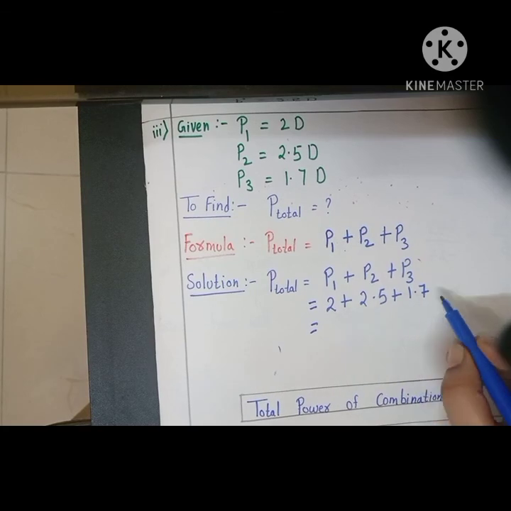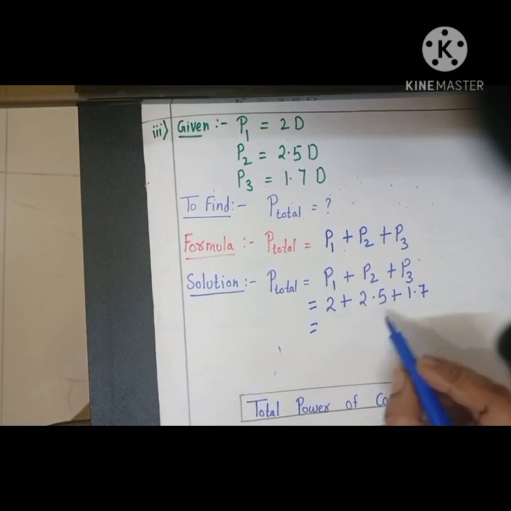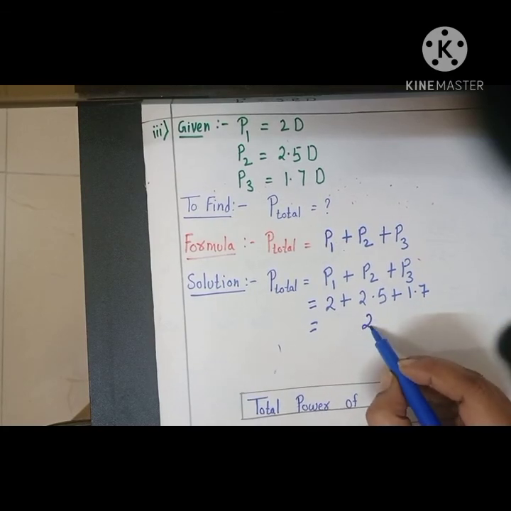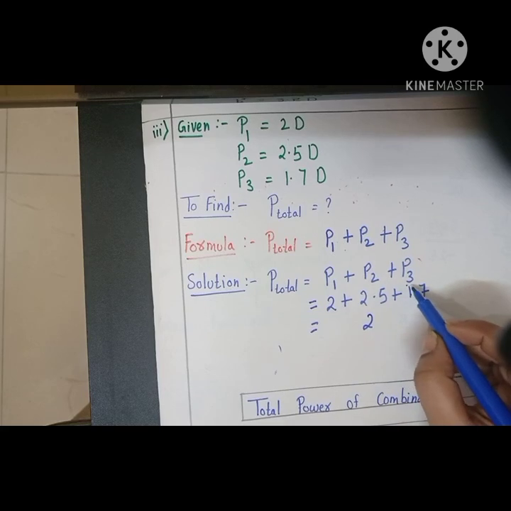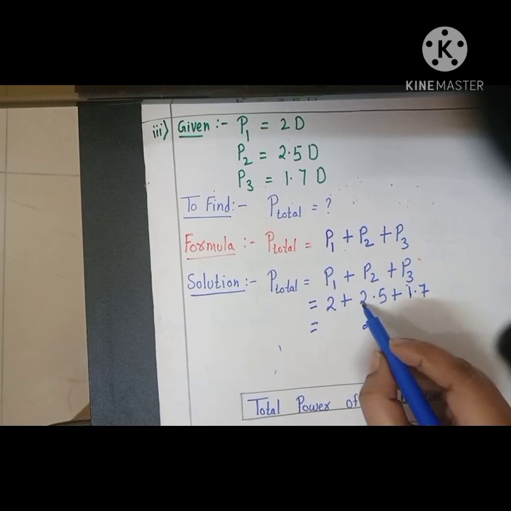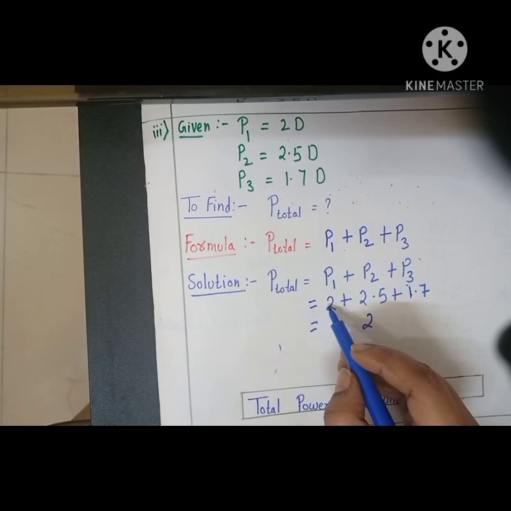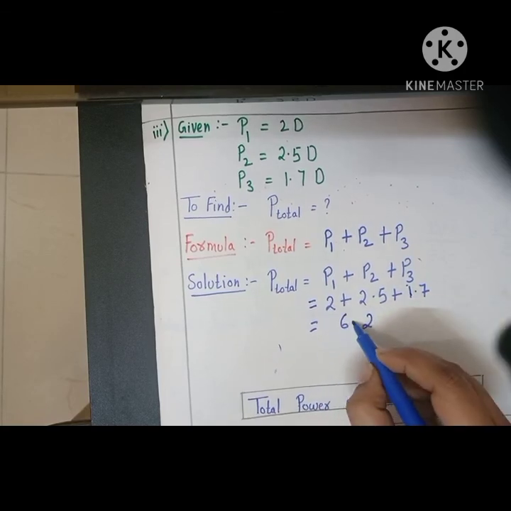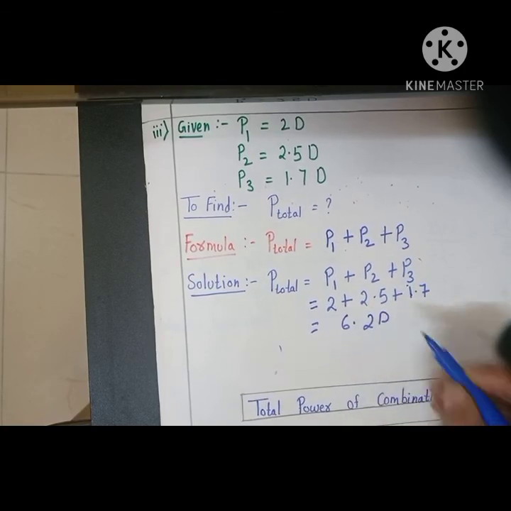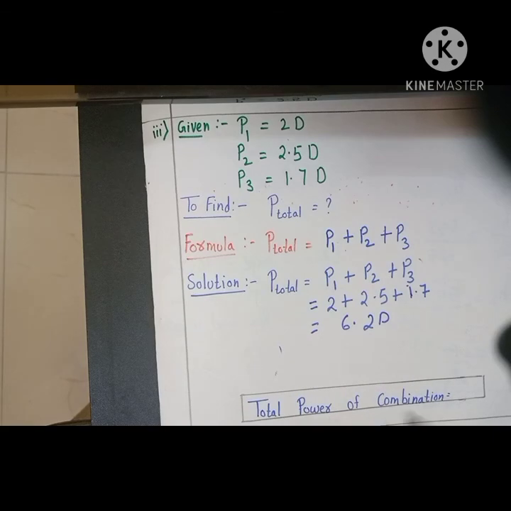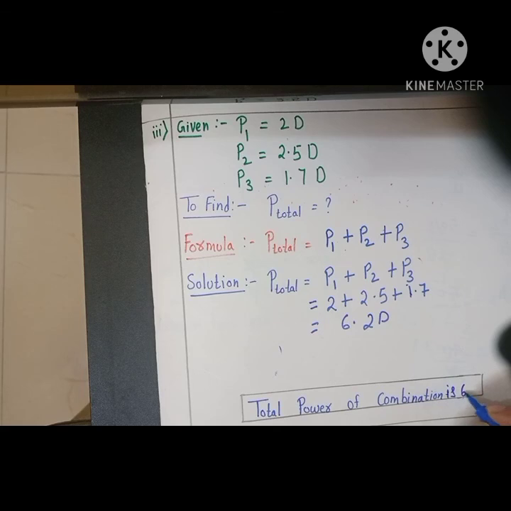By adding this, we get 7 plus 5, that is 12. 1 carry, 2, 1 plus 1 is 2, 2 plus 2 is 4, plus 2 is 6, that is 6.2 diopter. So total power of combination is 6.2 diopter.